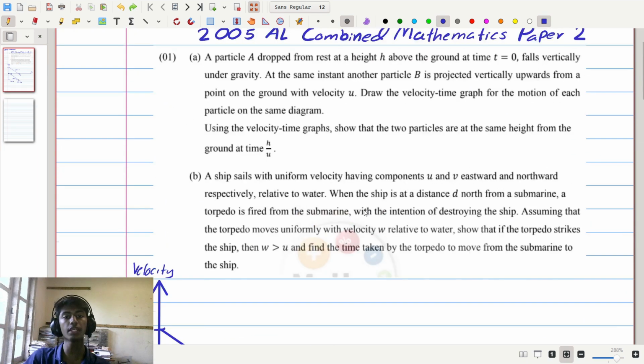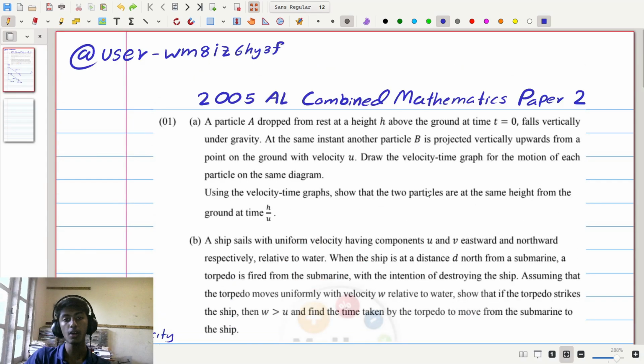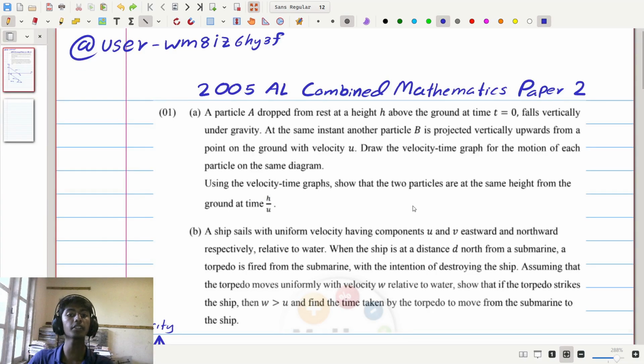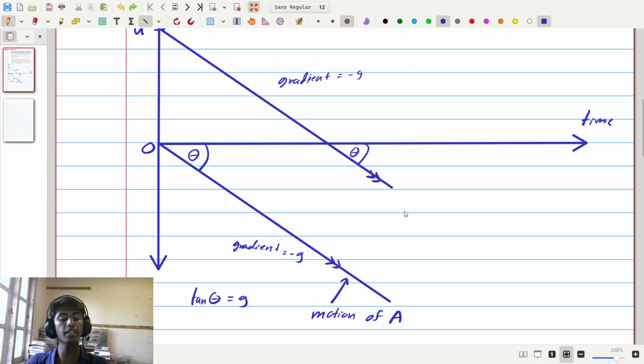Now what they're saying is at a certain time t, we are going to have both of these particles being at the same vertical position. They're going to be at the same height from the ground at a time which they are saying is h over u. Now to find this time, I'm going to mark the time on the graph by drawing a vertical line at a certain point, let's say this point right here, and saying at this point the two particles are at the same exact position.